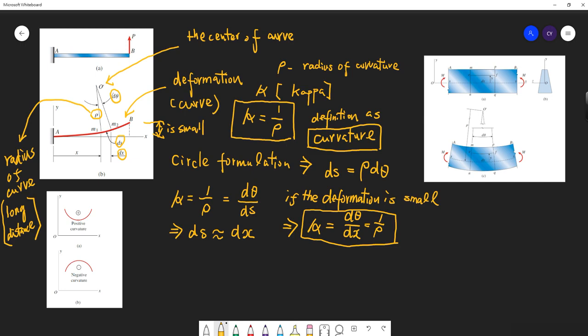Okay, so let's continue. If you have this kind of understanding, we can continue to this diagram. You can look at the picture on the right hand side.